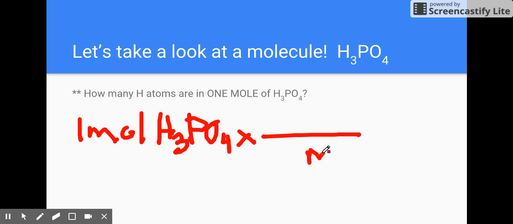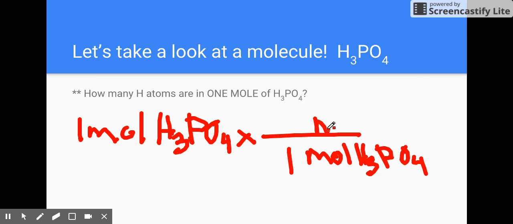I'm trying to get rid of moles of H3PO4. How many moles of hydrogen atoms do I have? If I have 1 mole of this, how many moles of just hydrogen atoms do I have?